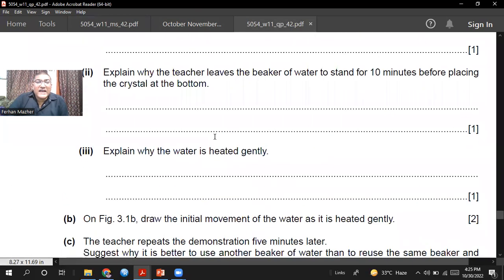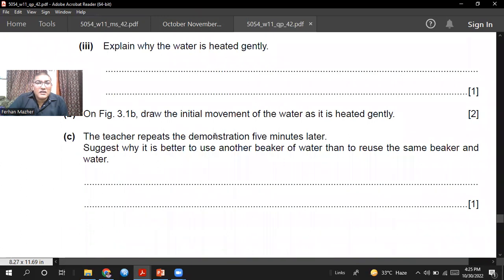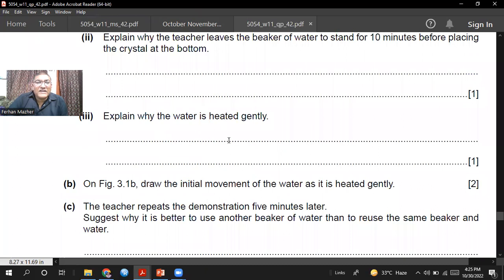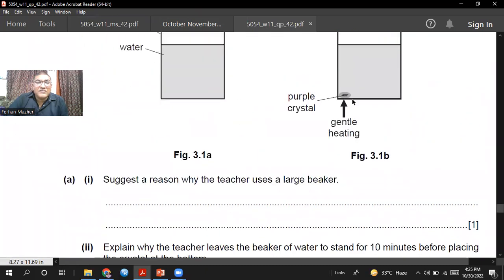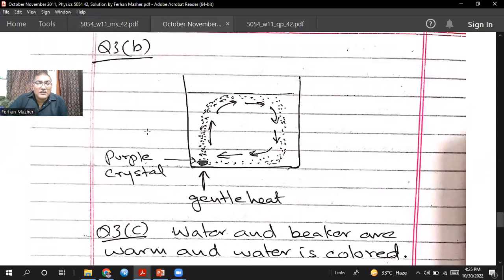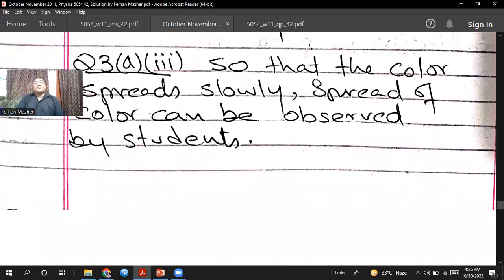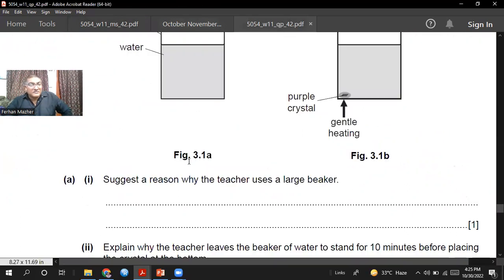Then he says, explain why the water is heated gently. Why do we heat it gently? So that the color spreads slowly. The spread of the color can be observed by students. That is the reason to heat it gently.